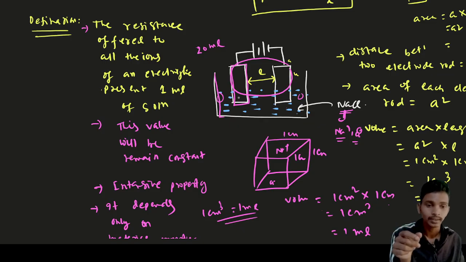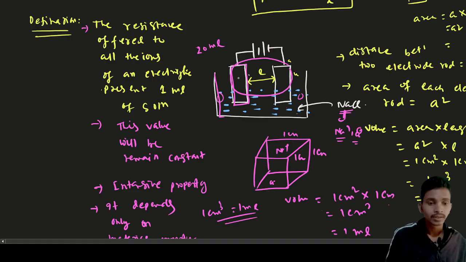We keep the distance between two electrodes and the size of electrodes fixed to get the specific value.